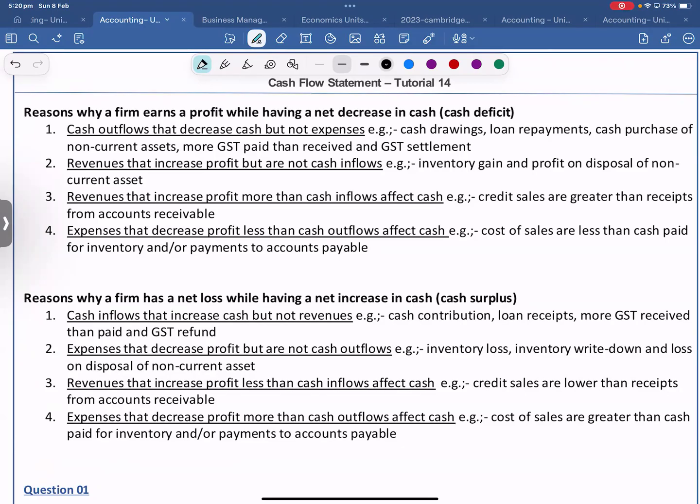Then you have to stick only to some items. You can't talk about loans received or paid, cash drawings, or purchase of non-current assets in cash.